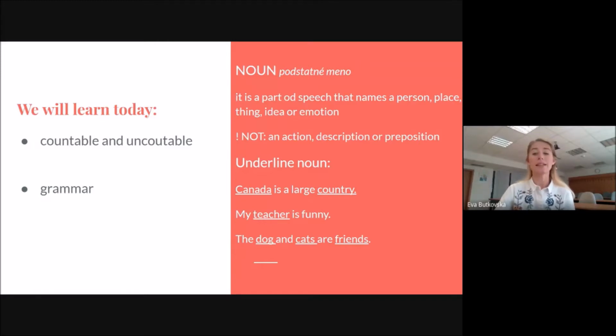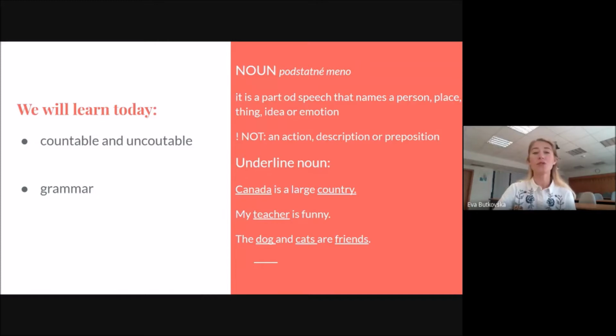In the second sentence, my teacher is funny, the noun is teacher, a person. And in a third sentence, the dog and cats are friends. In this sentence, the nouns are dog, cats, and friends. So it is important to understand noun.